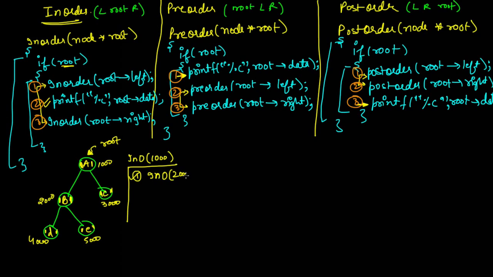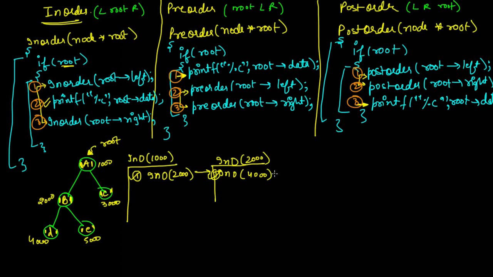Only after it finds the value of inorder 2000 is it going to print this output. When it called inorder 2000, it is going to call inorder 4000. Why? Because when it called inorder 2000, line number 1 will be executed. After executing line number 1, only then are we going to go to the next statement.